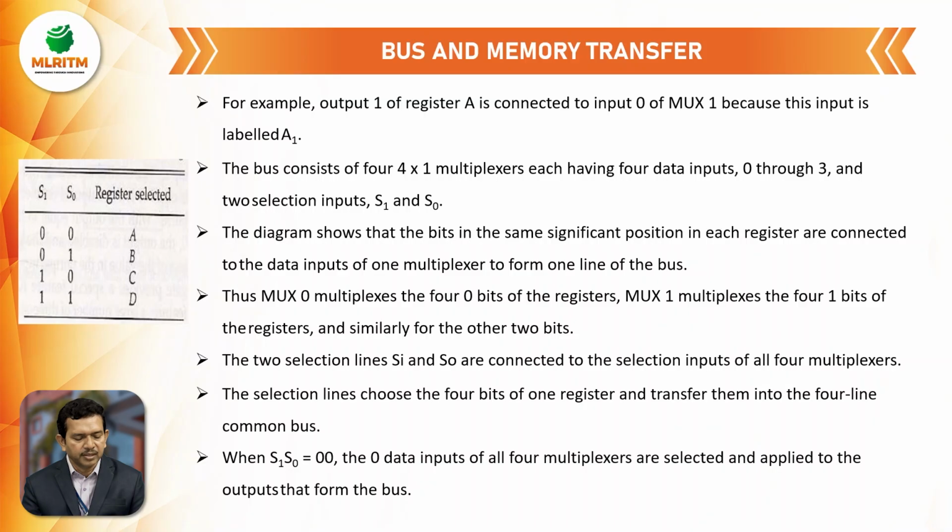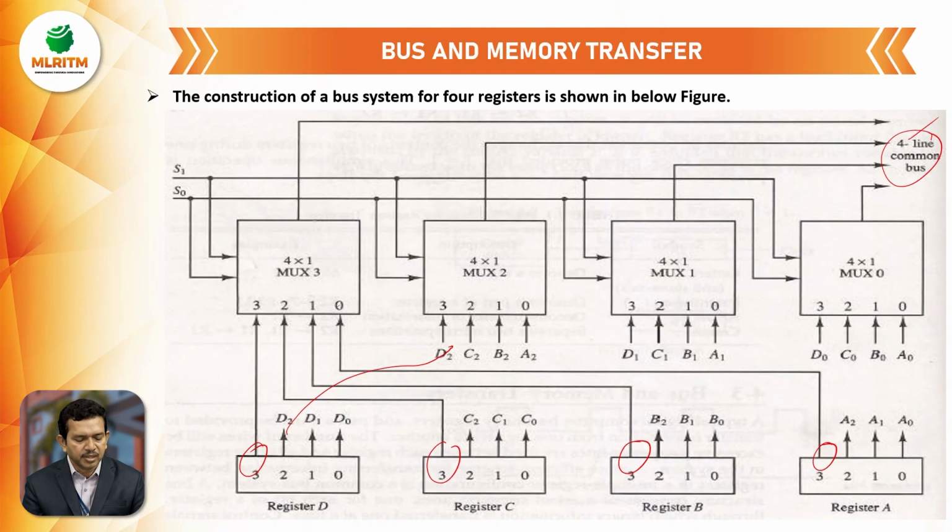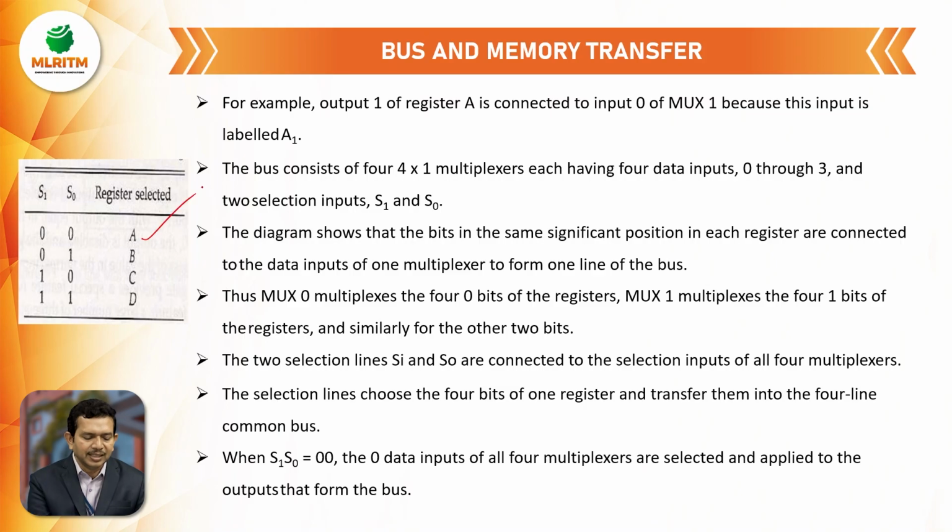Whenever we operate S1 and S0, these indicate which register is selected. Suppose S1 and S0 are 0 and 0, then register A gets selected.